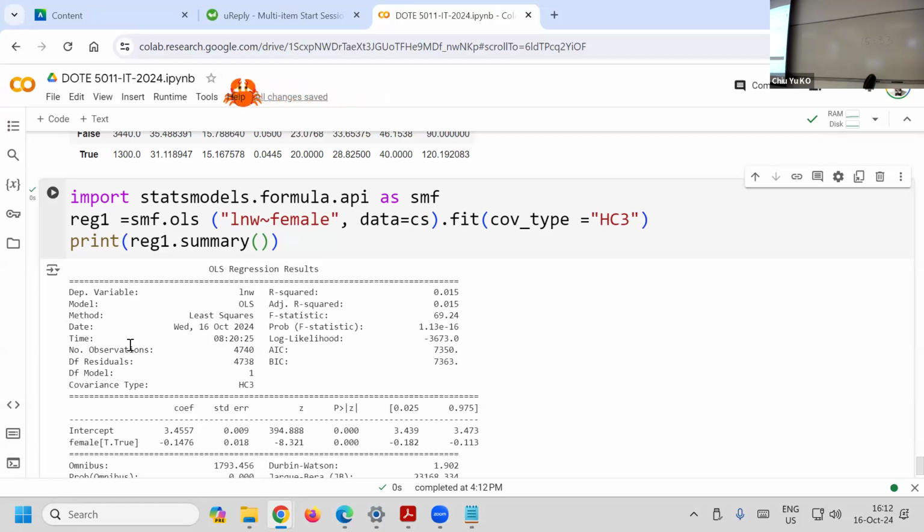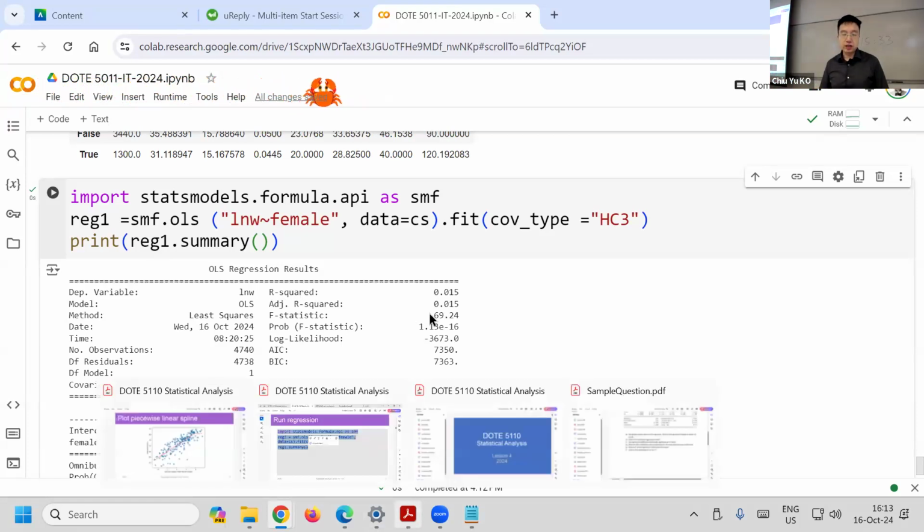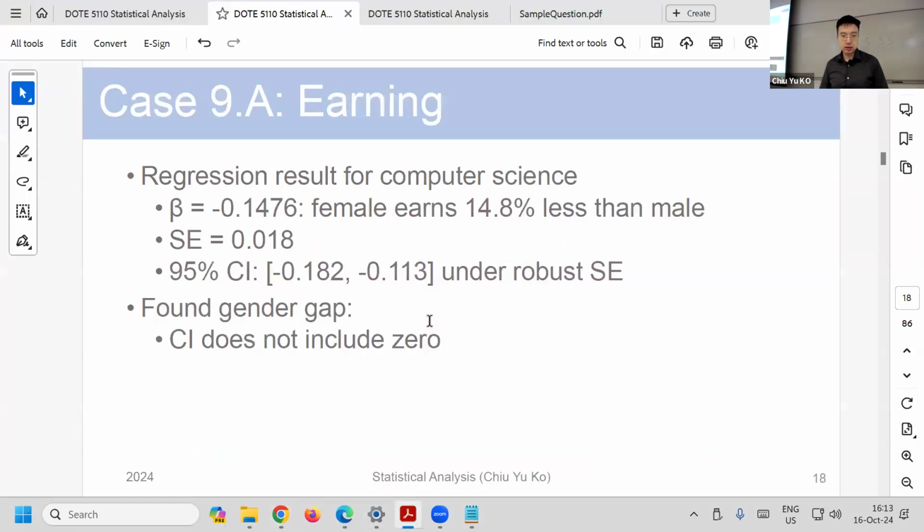It means that whether it's female or not actually would change the wage. It turns out that if you're female, you earn about 14% less, because that is what the log wage means. Being a female, you get 15% less. That is the model: hourly wage is 15% less.